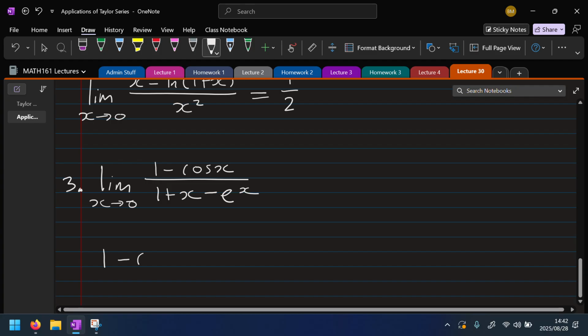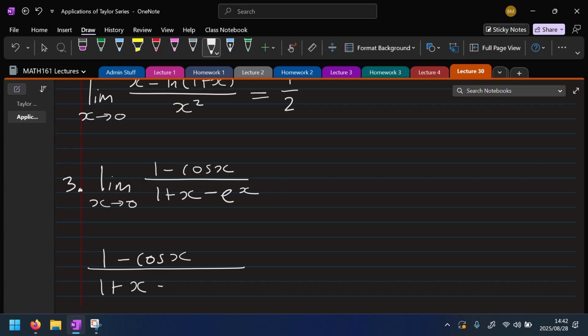So we have 1 minus cos x over 1 plus x minus e to the x. This is approximately the same thing as if we replaced cos and e to the x with its Taylor series. So in the top, we have 1 minus. Let's put in the first few terms for cos. So that will be 1 minus 1 half x squared plus 1 over 24 x to the 4.